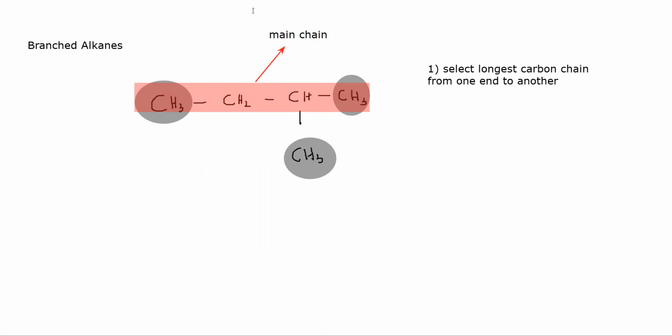And the second part is a branch. What we will do, we will number the carbon atoms. The second rule, number the carbon atoms from one end to another.